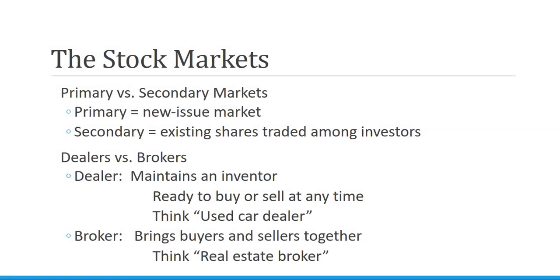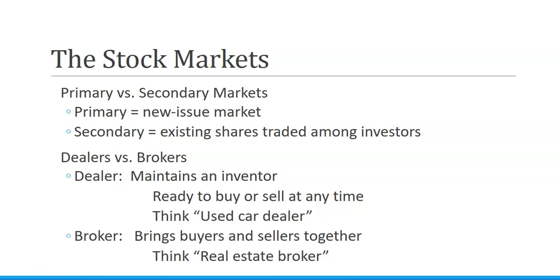The stock market, we talked about this a little bit in chapter 1. We have a primary or secondary market. The primary market is new issues, and the secondary market is existing shares that are traded among investors. We can also have dealers or brokers.